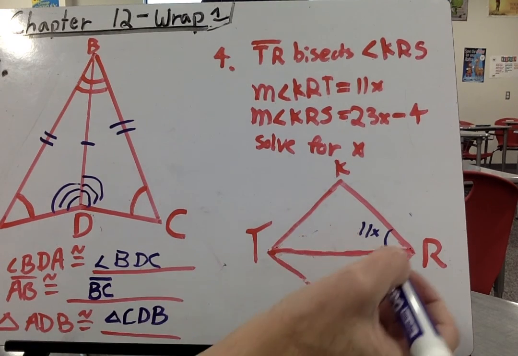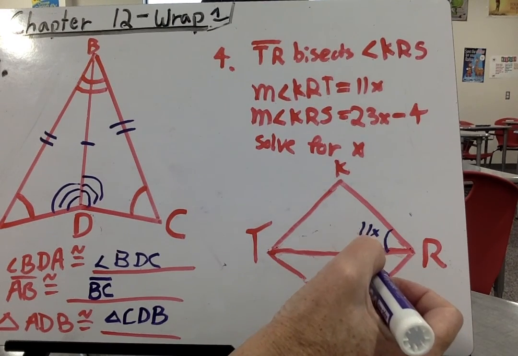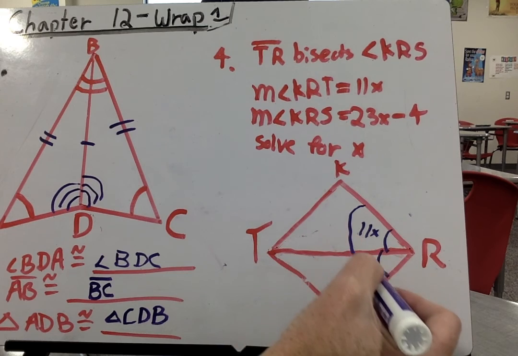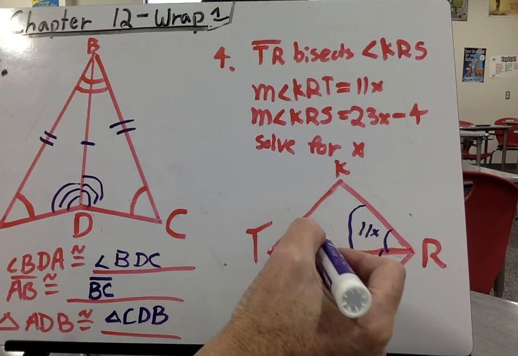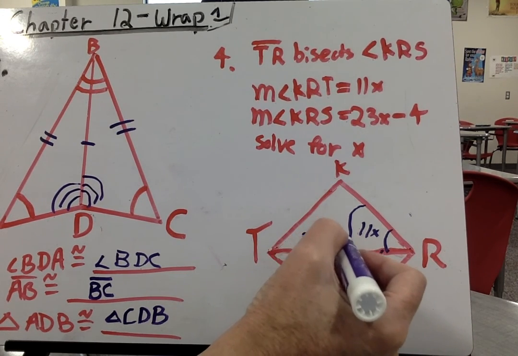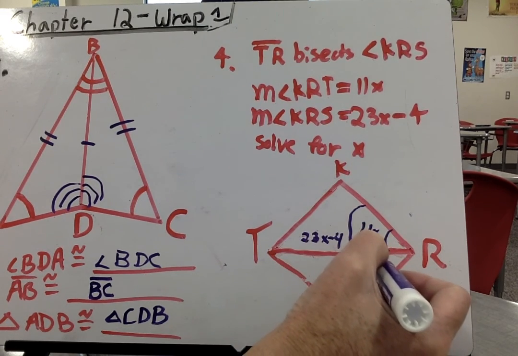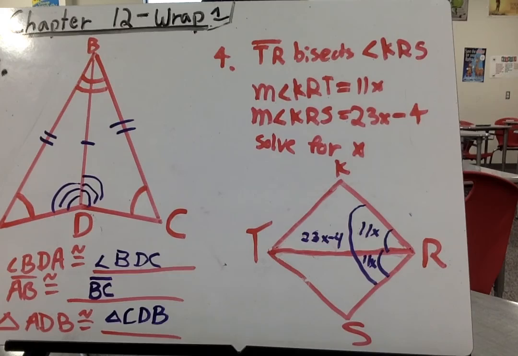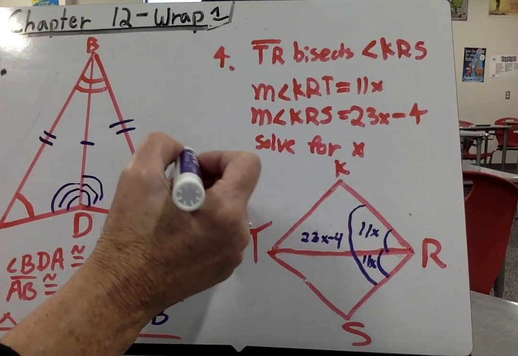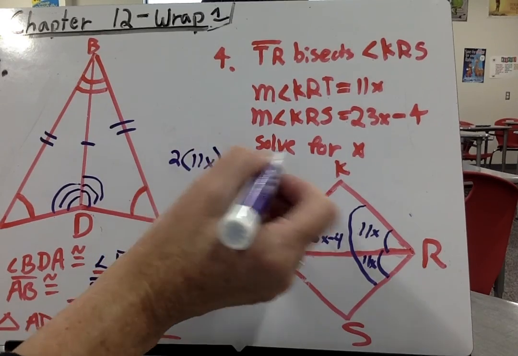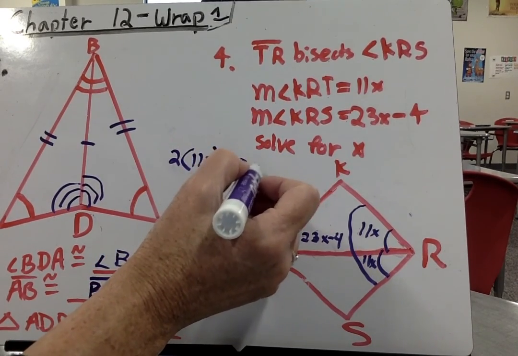Okay, so if this is 11x and we know it's congruent, we know that this whole thing is 23x minus 4. This is 11x, this is also 11x. So what we can say is 2 11x's equals 23x minus 4.